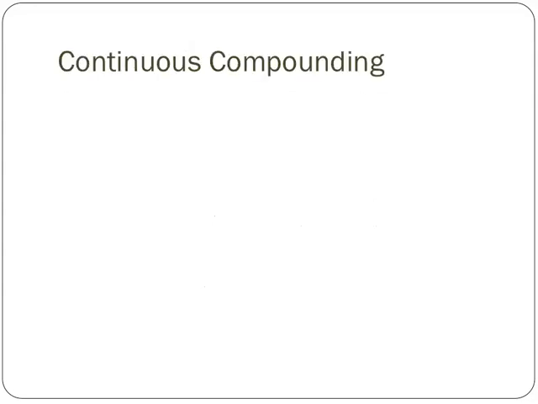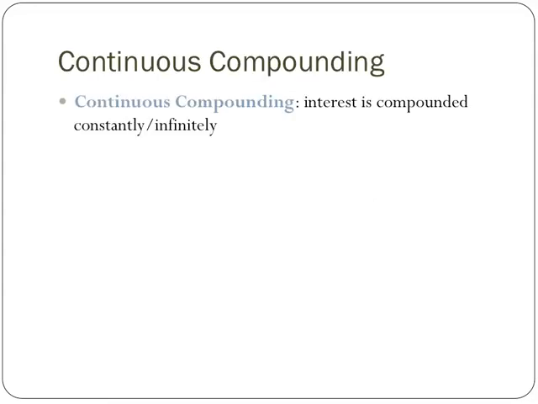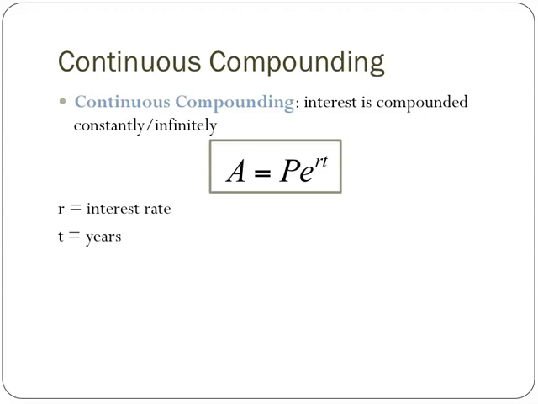Next, we have continuous compounding. Continuous compounding is when we are compounding interest constantly or infinitely. You have probably seen this in Algebra 2. You're using the formula P times E to the RT. R is the interest rate, and T is the time in years.